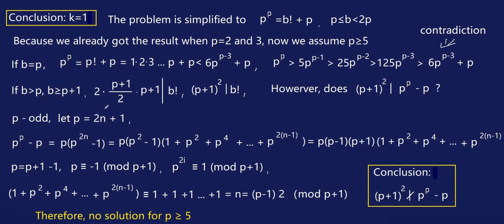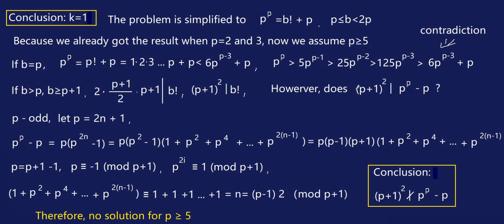Now, if b is greater than p, we suppose b is greater than or equal to p plus 1. As we know, p is a prime and also an odd number. So (p+1)/2 is still a number less than b, so 2 multiplied by (p+1)/2 multiplied by (p+1) can still divide b factorial. This means (p+1) squared divides b factorial.